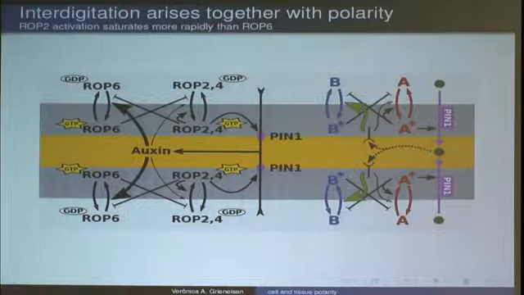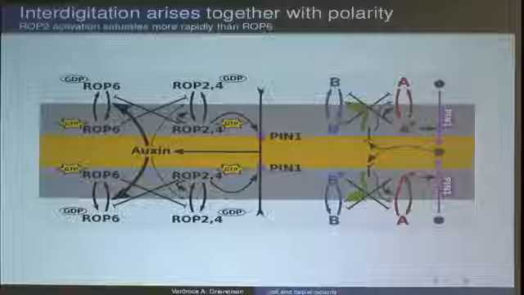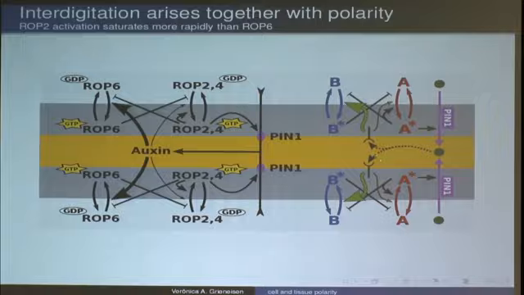This is just another way that we like to represent it, giving A and B, so people don't have to remember all this nomenclature. One of the components, which is the lobe, promotes the export of auxin through pins, and that promotes the activation of the antagonistic pathway, which is B star, the activation of B, of ROP6.